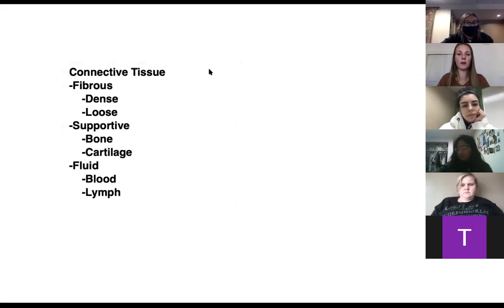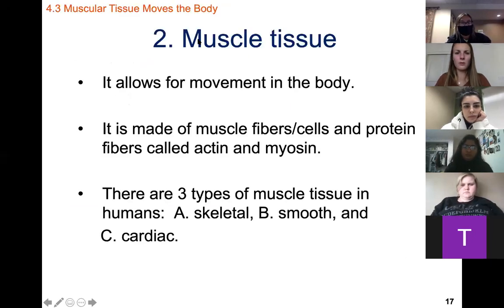Now we're going to move on to muscle tissue, and we're going to talk about the different types of muscle tissue. I'm going to keep it in the same order as the PowerPoint here. The first one we need to know about is skeletal muscle tissue, but let's talk about what muscle tissue is used for.